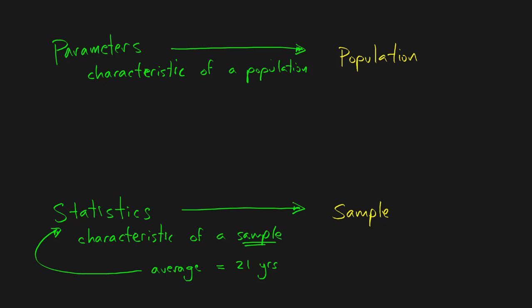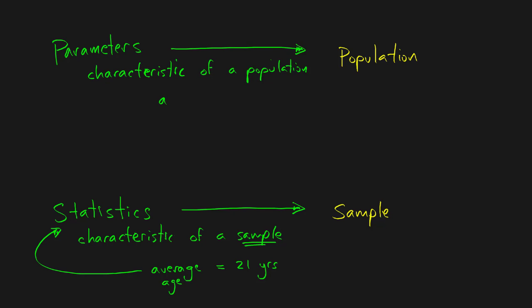Now the same thing could have been done if you had the entire population. Let's say that you work in the dean's office or in the registration office, so you actually have access to every single individual's profile that goes to the university. You've got tens of thousands of profiles of people that attend the university.